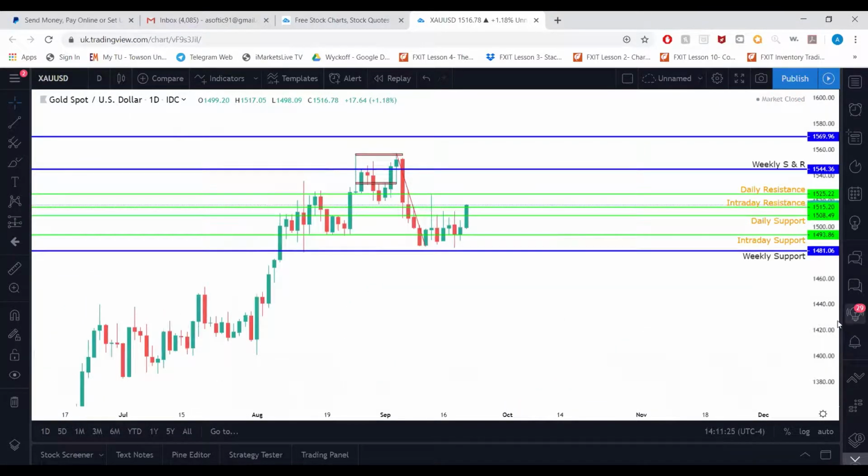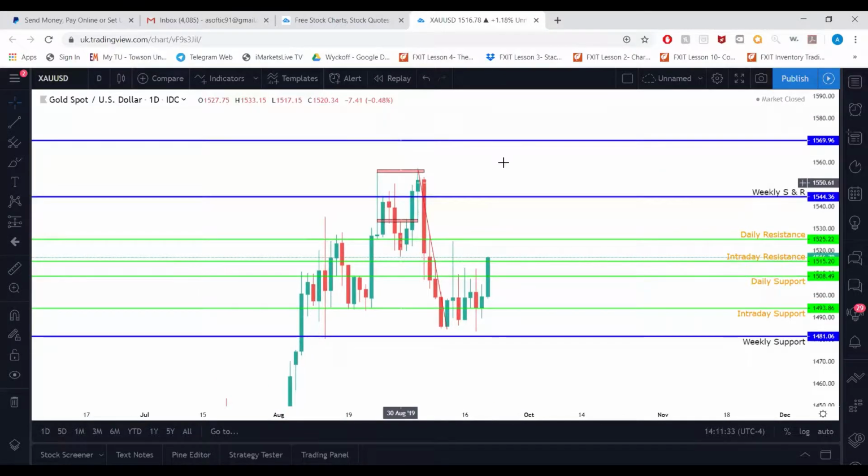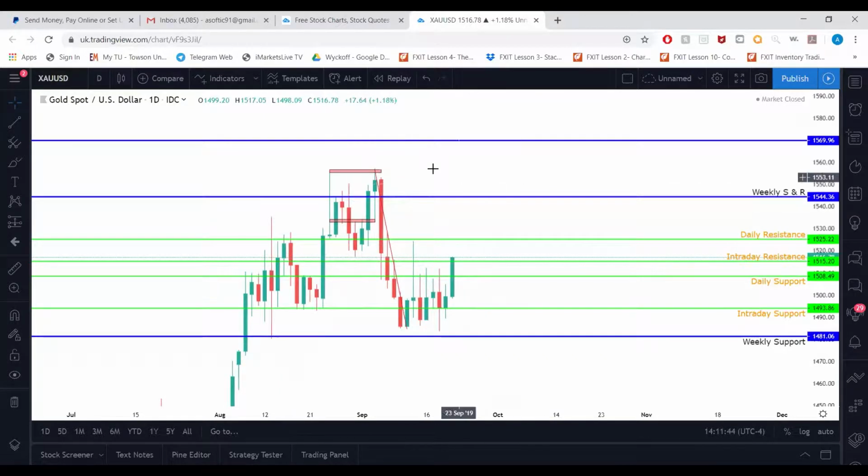We can go to the daily. As you see here, there was a weak breakout, and even though we had this breakout and closure, it was followed up with this huge engulfing candle, right? If you trade candlestick patterns, this is known as an evening star.